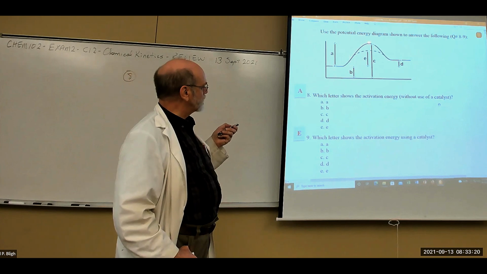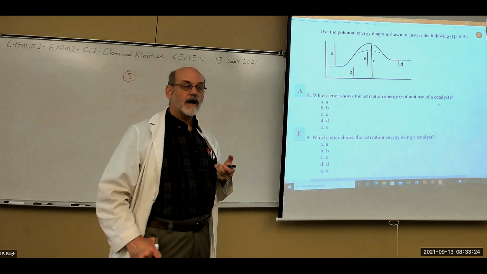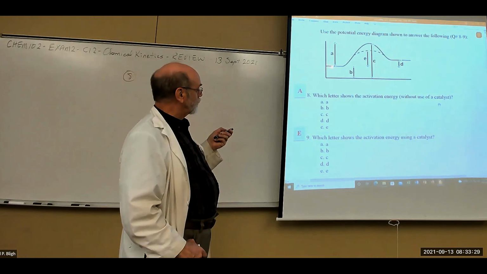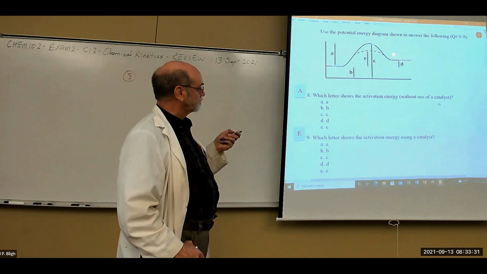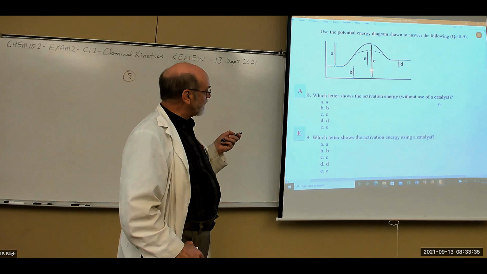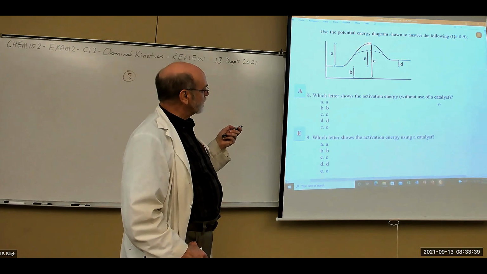What's this hump represent? That's an activated complex. That's an intermediate step from reactants to products. So you need this amount of energy, total amount of energy here, in order to make the activated complex.